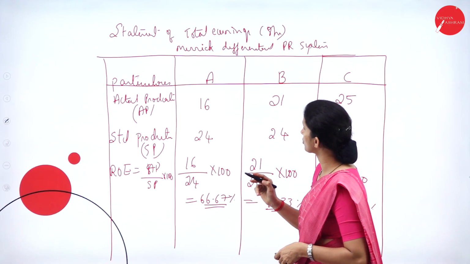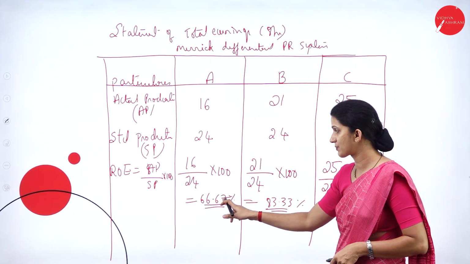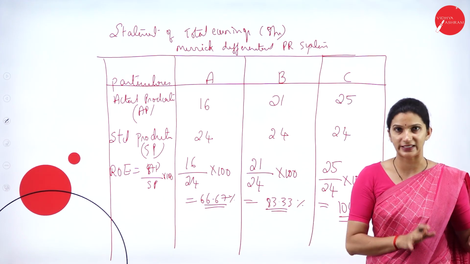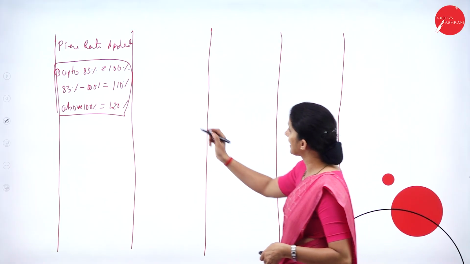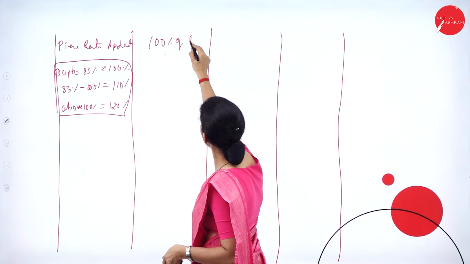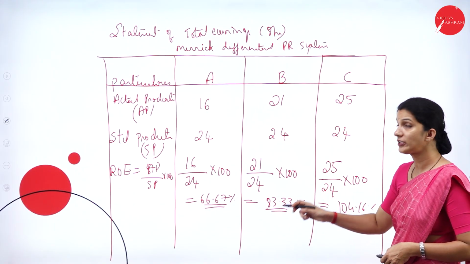So the piece rate is 20. For A, his rate of efficiency is 66.67. That means it is up to 83% or below 83%, so he is getting 100% of piece rate. Then come to B, his is 83.33.